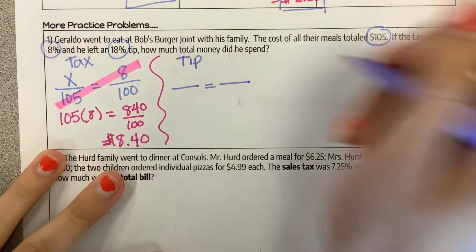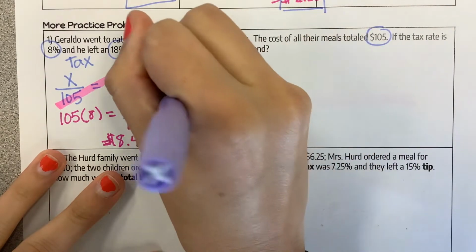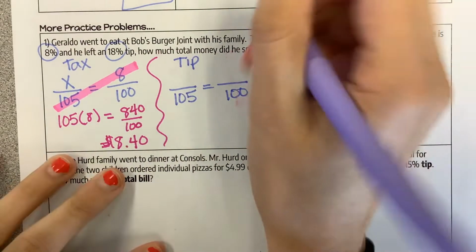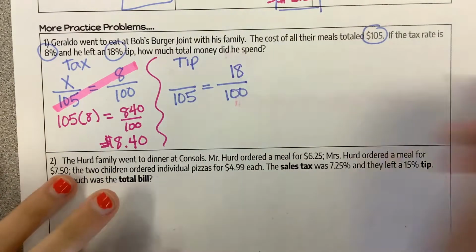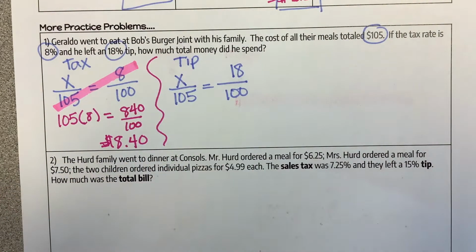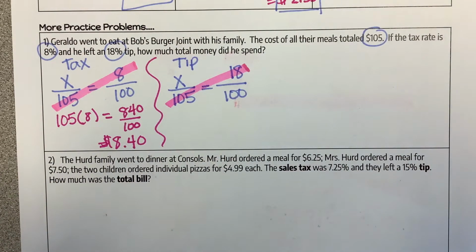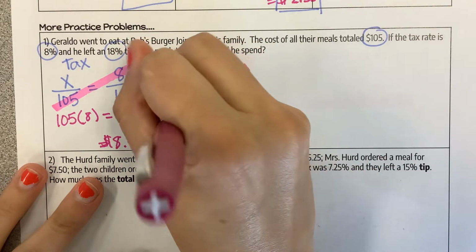Set up another blank proportion. Keep the original amount as our whole. The percent for tip is 18. We are solving for what that would be. I'm going to multiply the two numbers in the same diagonal.